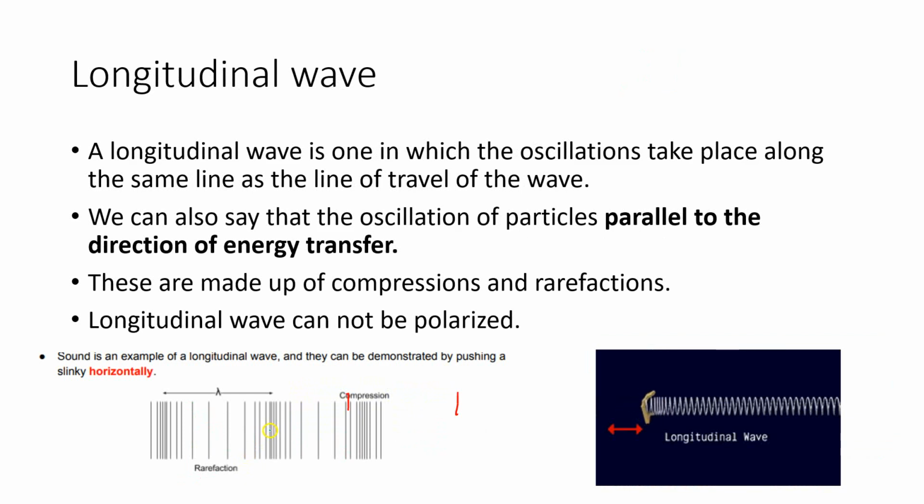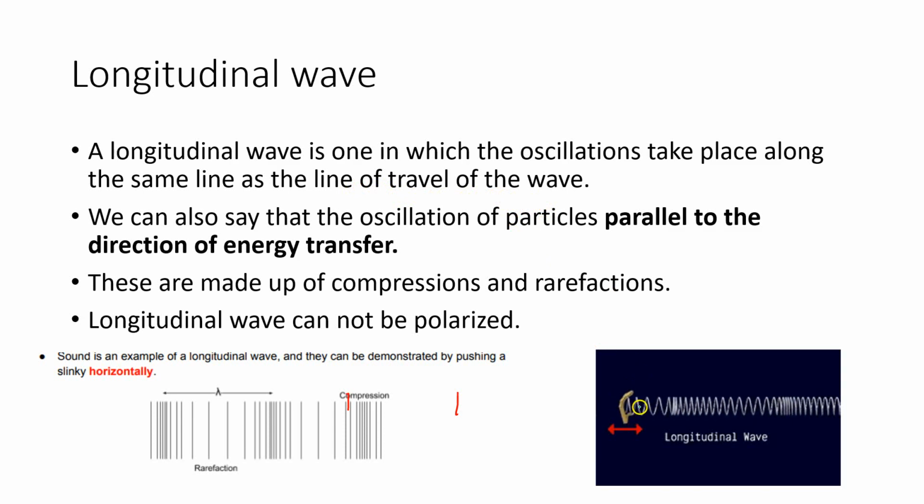Another type of wave that we should look at is what we call a longitudinal wave. A longitudinal wave is one in which the oscillation takes place along the same line as the line of travel of the wave. So what we mean is that you're oscillating the wave in the same direction the wave is going to move.